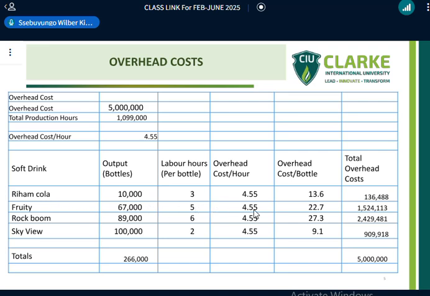The labor hours are differing, but the overhead cost per hour is the same. So 5 times 4.55 gives 22.7. I've done the same for Rock Boom and Sky View. So this is the overhead cost. The other column for total overhead cost, I just wanted to see whether it makes the 5 million for the period, so we can leave that column.